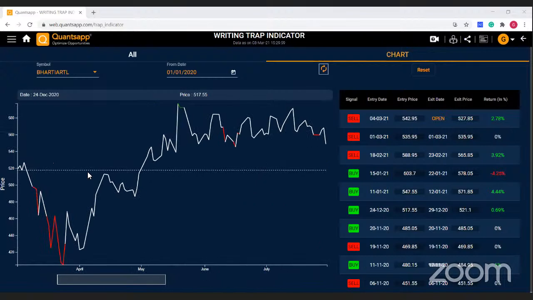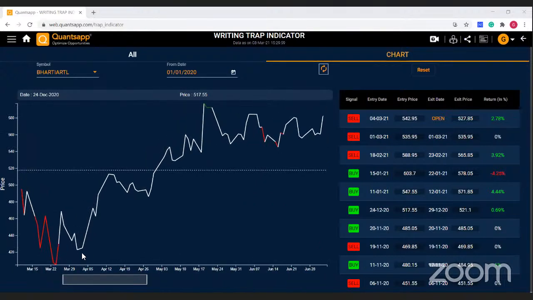If I say this period, April 5th of 2020 to May 17th, there was no such signal that came. Even though the price went from almost 420 to 580, almost 160 points, a jump that came in a period of a little more than a month.